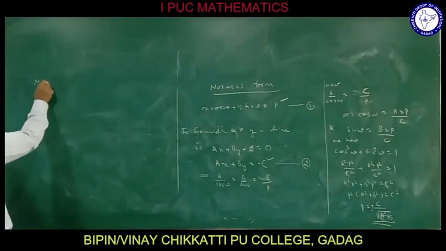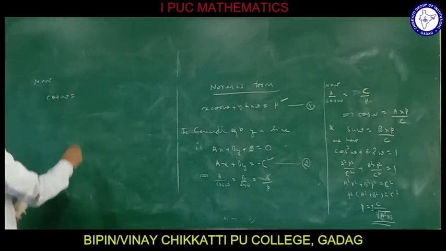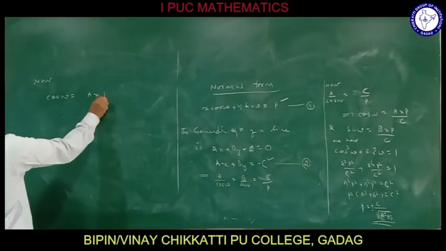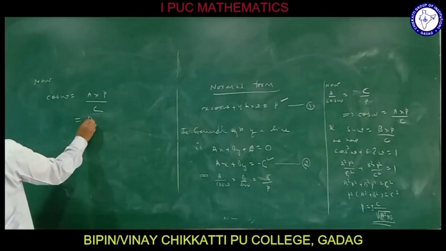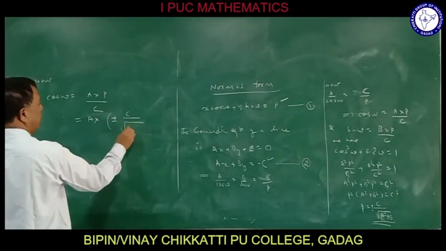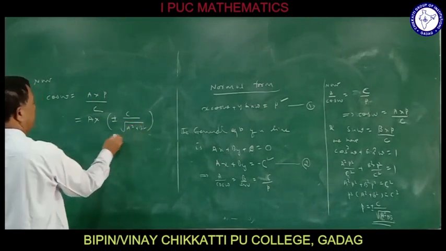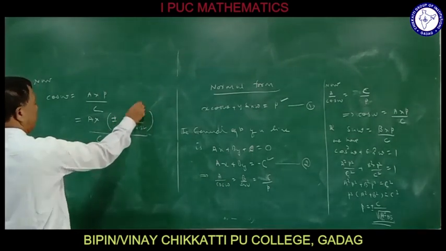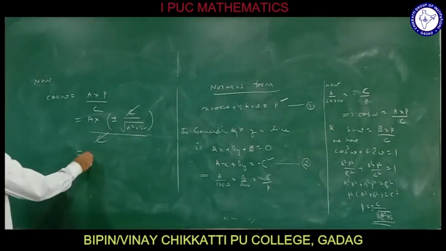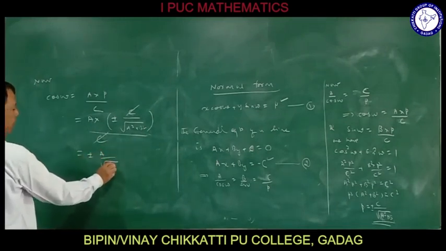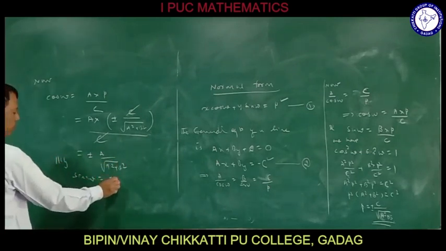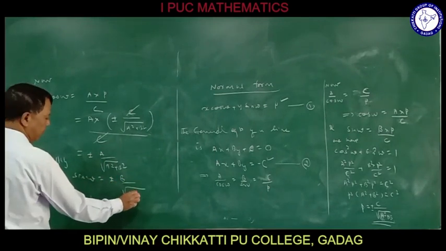Cos omega I have already written there, a into p divided by c, and a into p means, as I have already written, plus or minus c divided by root of a square plus b square, so divided by c, the c cancels, and you can understand that it is plus or minus a divided by root of a square plus b square. Similarly, sin omega is equal to plus or minus b divided by root of a square plus b square.